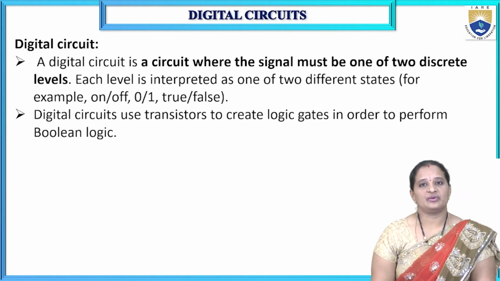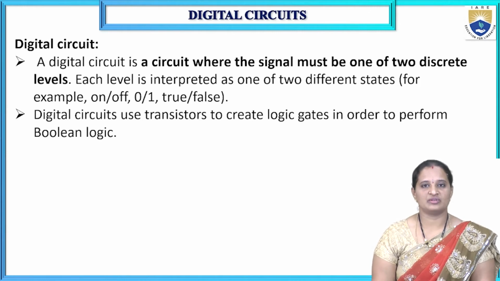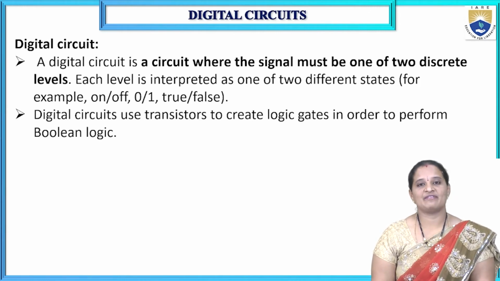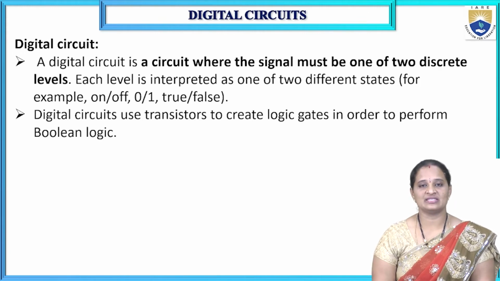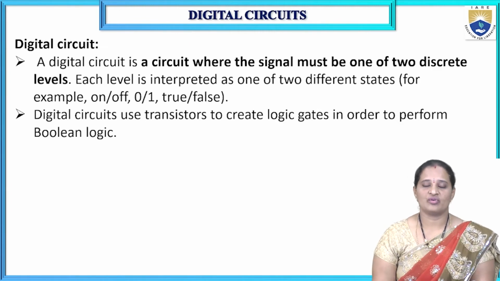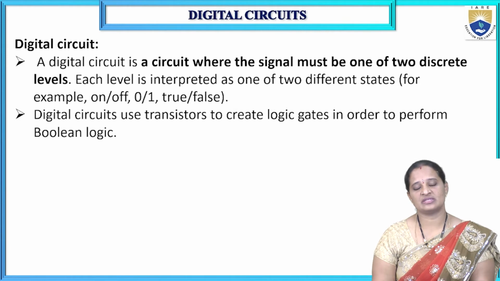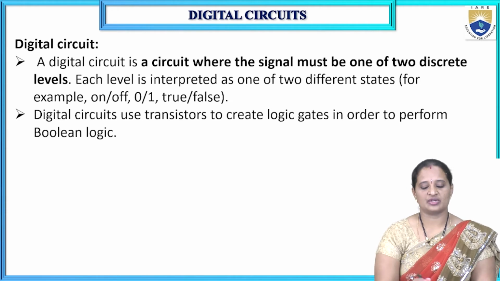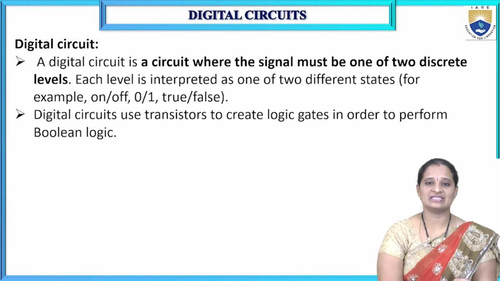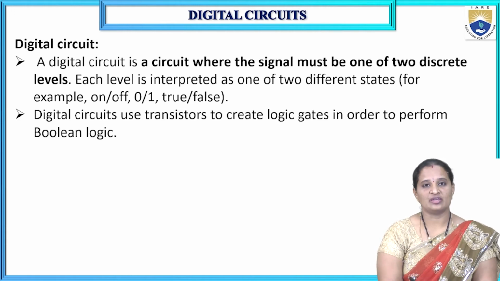A digital circuit is a circuit where a signal must be one of two discrete levels, and each level is interpreted as one of two different states, that is either on or off, 0 or 1, or true or false. That means the two discrete values of a digital signal can be represented as on or off, 0 or 1, or true or false. Digital circuits are the circuits which process digital data. That you have to remember.